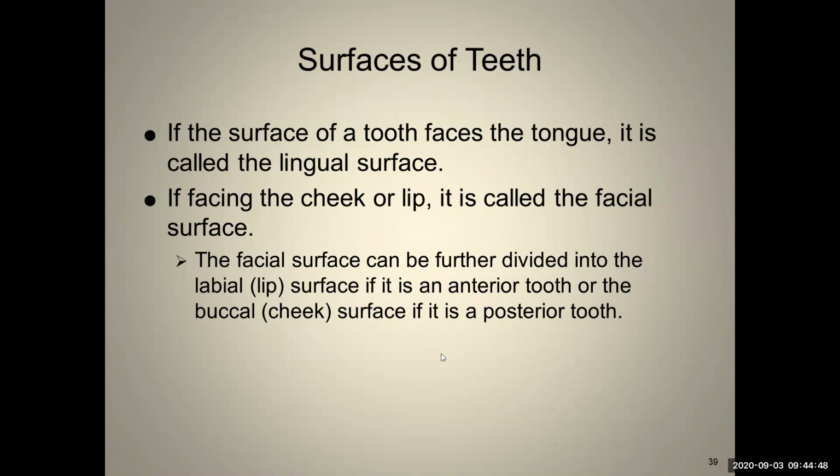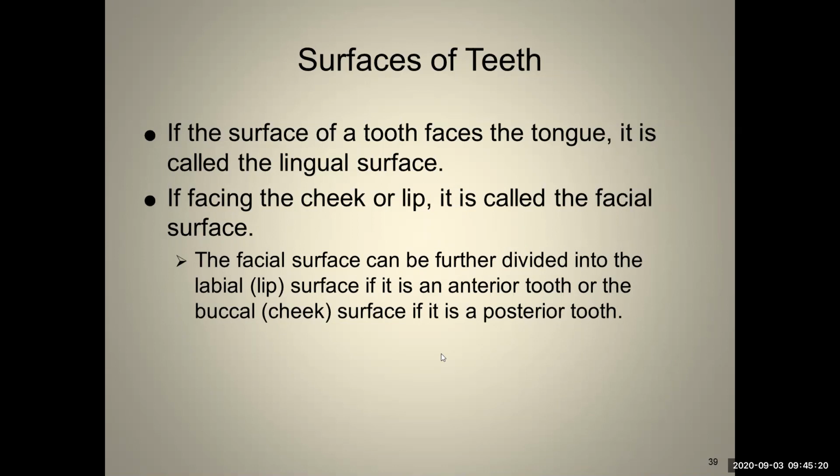So I can have a facial surface of a posterior tooth, but I can't have a labial surface of a posterior tooth. I can have a facial surface of an anterior tooth, but I can't have a buccal surface of an anterior tooth.